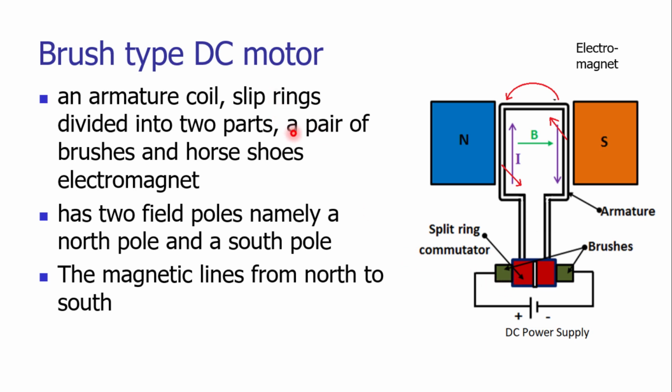There is a pair of brushes, and those brushes are in contact with the split ring commutator. The DC power supply is applied to the armature coil through brushes and split ring commutator. The DC motor has an important element, that is an electromagnet. It has two poles, that is a north pole and a south pole.